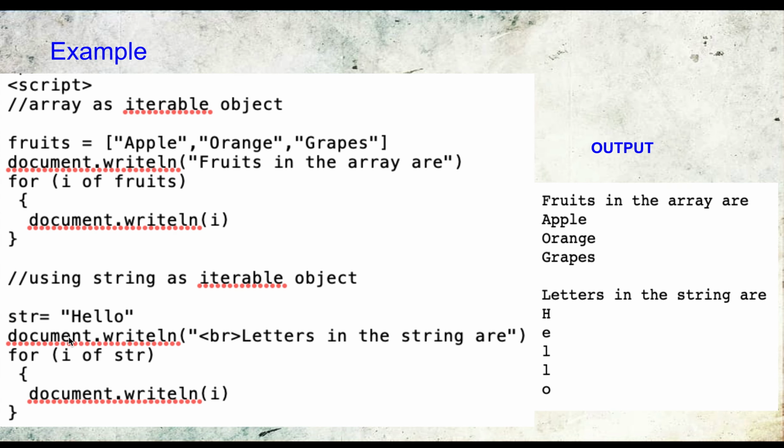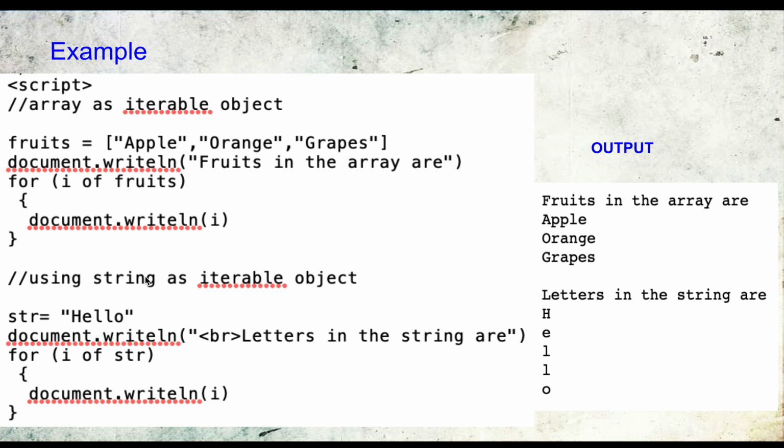Let's see an example. Here the first example uses the fruits array, and the elements of the fruits array are displayed here. Here you can directly specify i to represent the elements. You need not specify fruits of i. You instead specify the variable i, which represents the elements of the array.